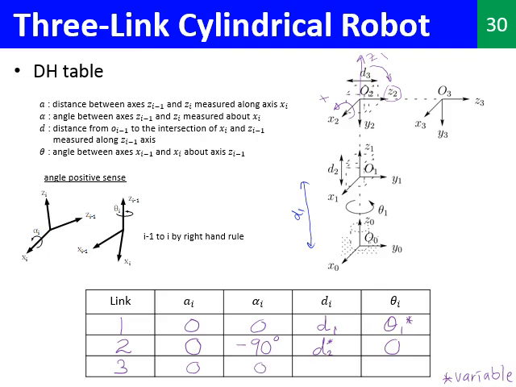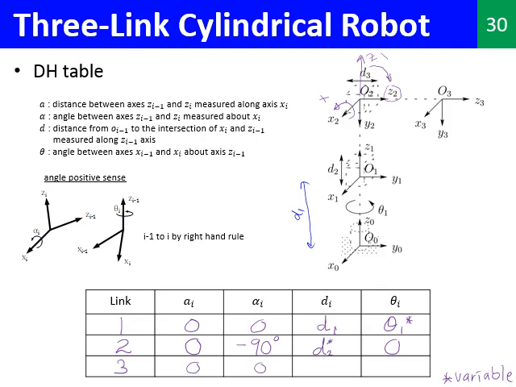Okay. Next, we have D3. So D3 is the distance from O2. So O2 is here, and the intersection of x3. So x3 is here, and Z2. So that point is here, O3. So we are talking about this distance. Okay. And again, we have a prismatic joint here. Therefore, we are having D3, which is a variable, right?